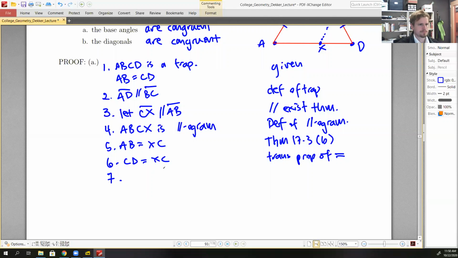Excellent. That gives us that the angle measure 1 is equal to the angle measure at D, so the two angles are congruent. This is by the isosceles triangle theorem.